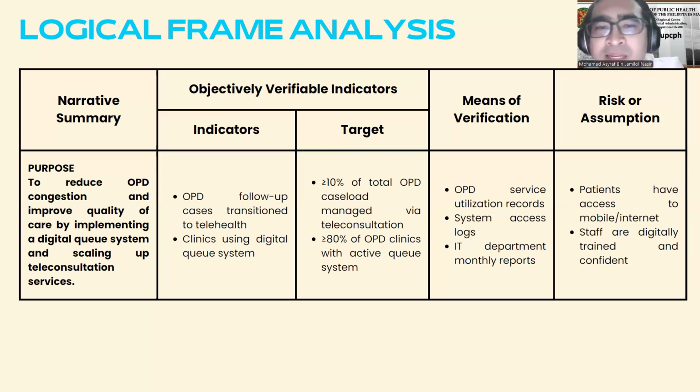We will verify this through the OPD service utilization record, system access log, and also the monthly IT report to ensure proper functionality. However, we have to assume that patients will have adequate access to mobile and internet devices, and that our staff are digitally trained and confident to use the systems. These are important success factors that we watch closely.